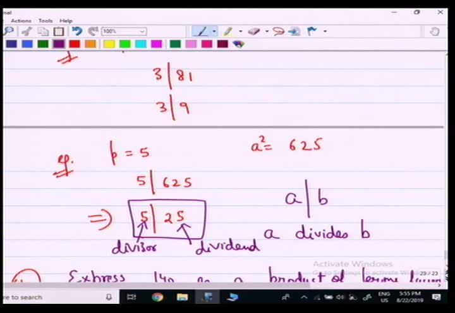This is the vertical sign. This is a vertical line, this is not an oblique. It is a straight vertical line. The meaning of this line is that if I am writing two numbers on the left and right of this line, it means the left one divides the right one. That is the meaning.